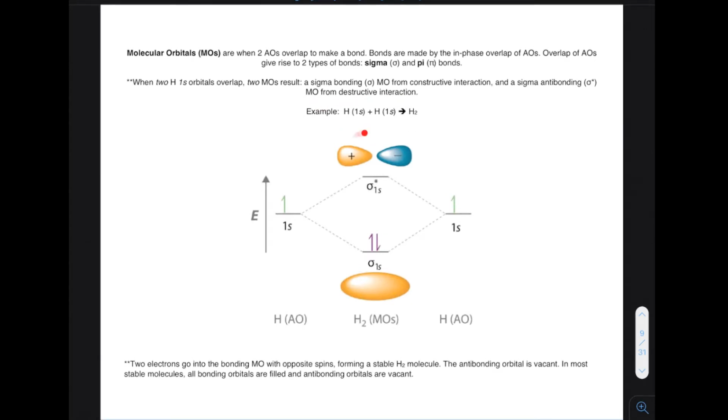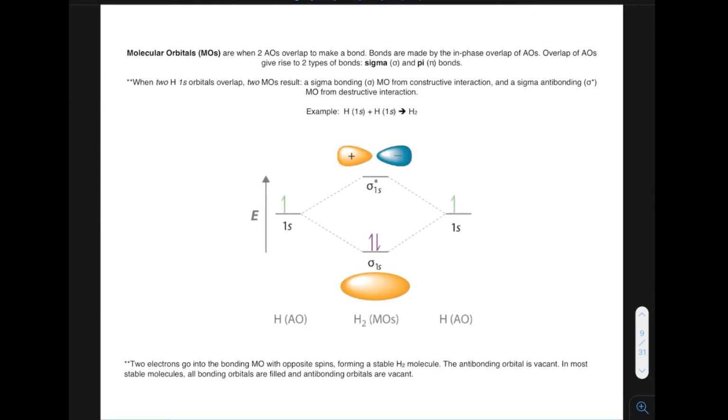In this example, you can see a 1s orbital from a hydrogen atom, or two of them rather, come together and overlap, and you have to form two molecular orbitals. You can't just make one, because there are two atomic orbitals, so there must be two molecular orbitals.